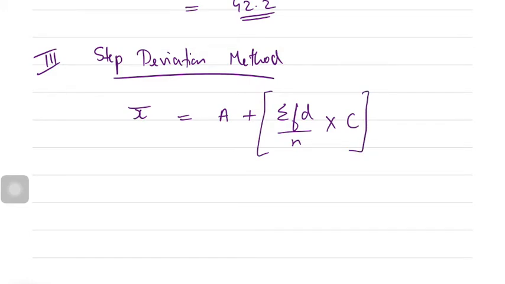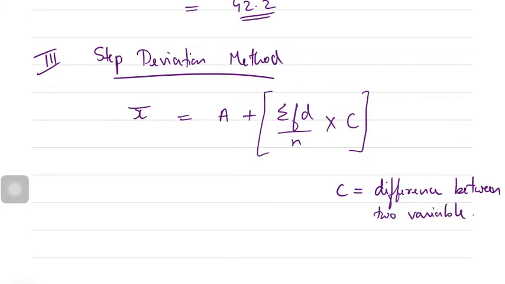The formula for step deviation method is x bar is equal to A plus (summation FD upon N) multiplied by C. You can put a bracket here so that you avoid calculation mistakes. Here C is the difference between two variables.